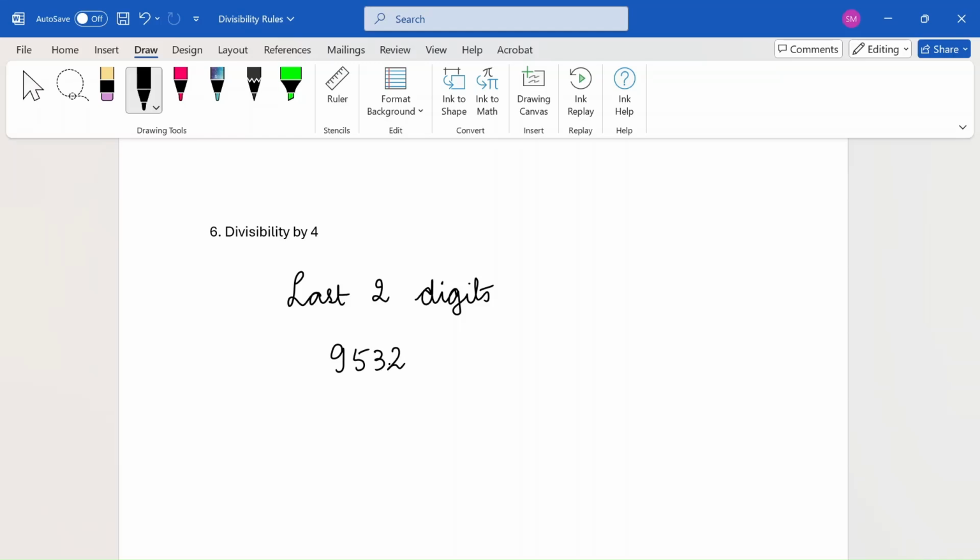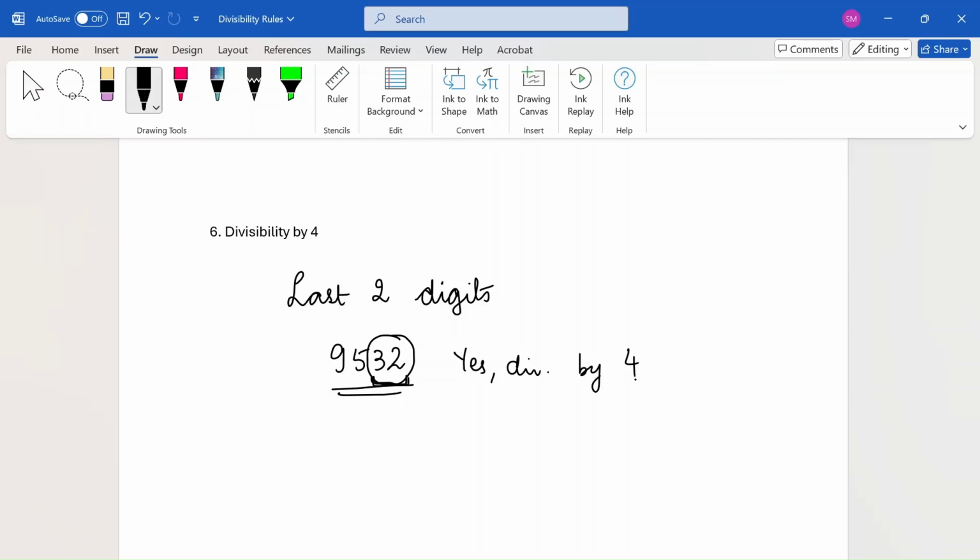What is the number formed by the last two digits? It is 32. Is 32 divisible by 4? Yes, 4 eights are 32. So if the number formed by the last two digits is divisible by 4, the entire number is also divisible by 4.